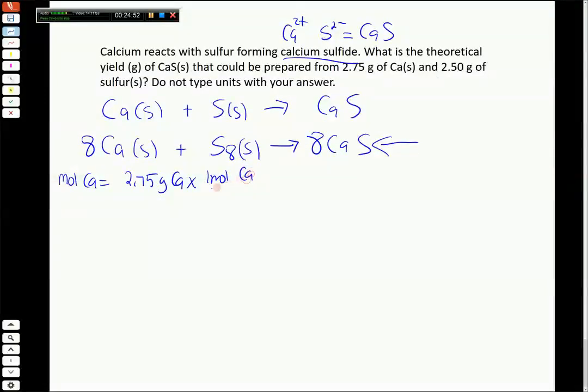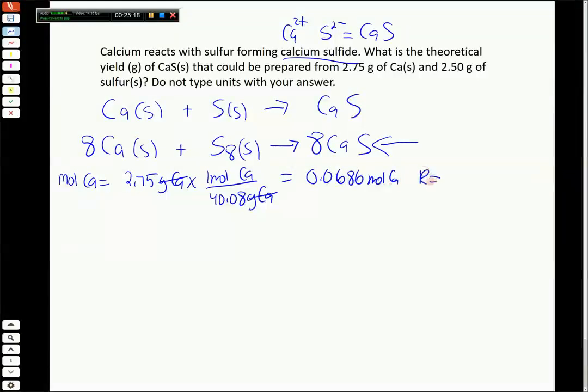So 1 mole of calcium has a mass of 40.08 grams. That's from the periodic table. I won't go to it right now, but that's where you get that number. And so the moles of calcium we have are 0.0686.